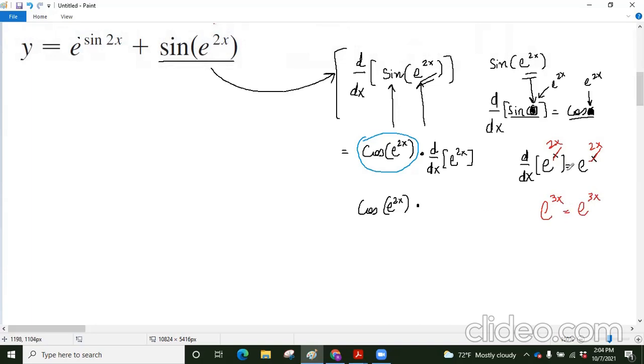We're missing a step when we say this, because the x's match and whatnot, but this is still an inner function. It's not x. It's something more complicated. So you have to take the derivative of the inner function. So you're multiplying by the derivative of 2x, which we know comes out to being 2. So this is e to the 2x times 2, correct?